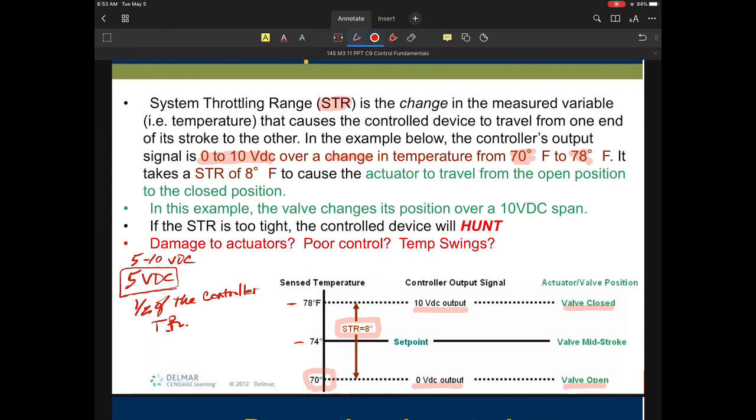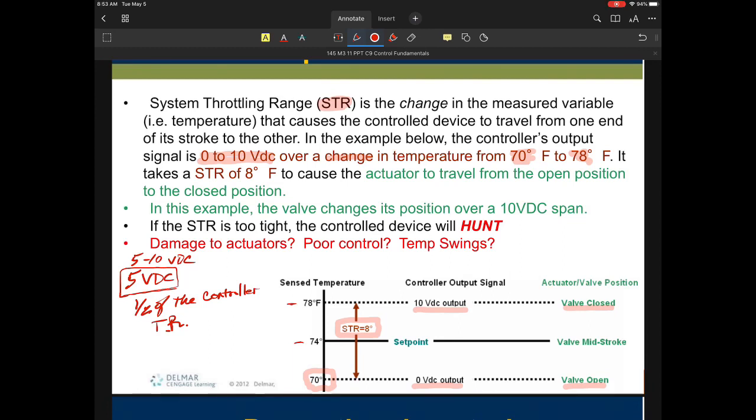Hunting simply means it'll drive it open, it'll drive it closed, almost non-stop, moving the device excessively. This is sometimes caused by having valves and actuators that are way oversized for the load. That's difficult, and it happens.